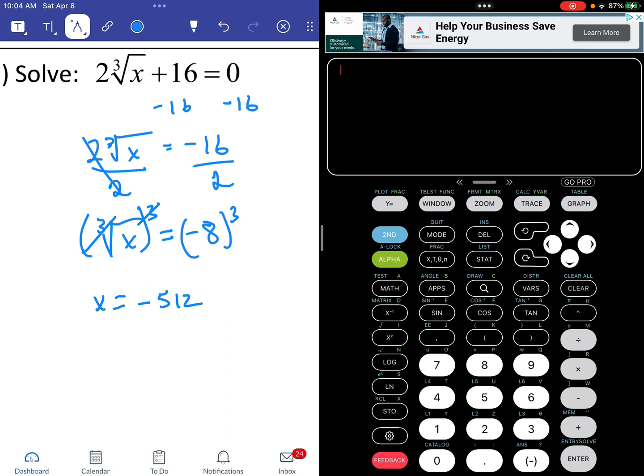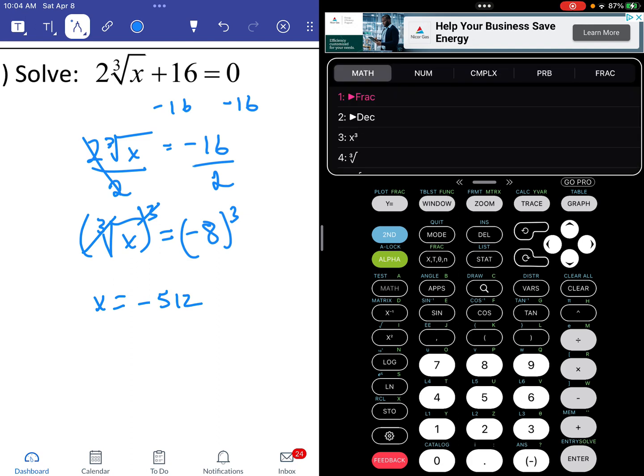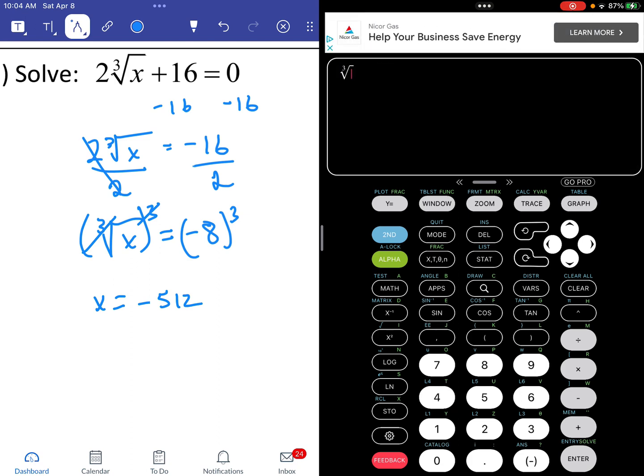That was weird. Let's try that again. Negative 512 times 2 plus 16. That's really weird. All right, just accept the fact that 16 minus 16 is 0, and that's what we get. I don't know what's going on with this calculator, so let's figure this out later. All right, anyway.